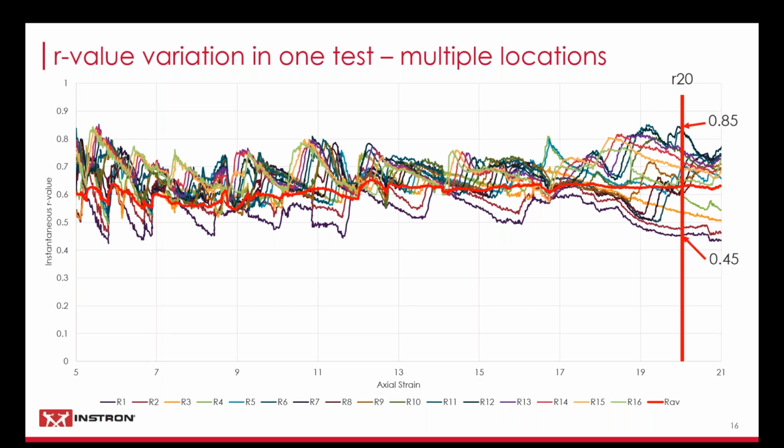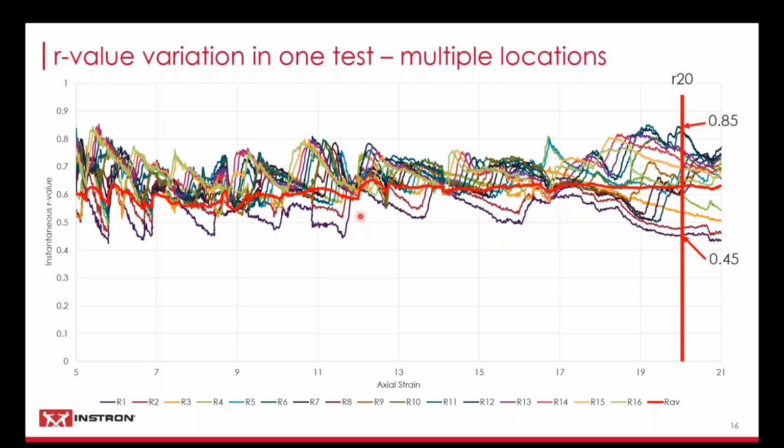So what we did here is we ran a specimen with multiple transverse measurements along the axial gauge length from edge to edge of the specimen. What we're seeing is that all these curves are similar, but they're not all happening at the same time. That's the wave propagating past the different points.